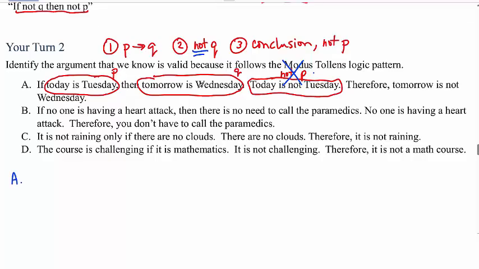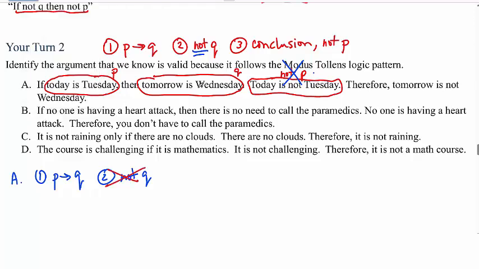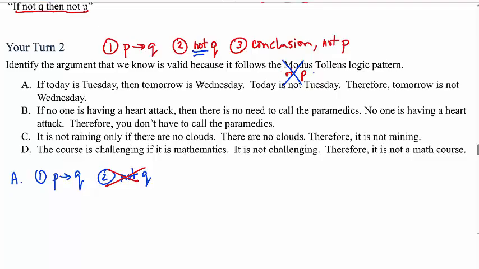So for A, the first statement was P implies Q. The second statement was not P, not Tuesday, so that did not fit the modus tollens pattern.